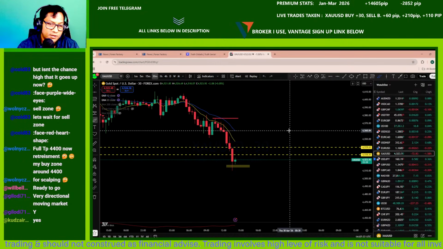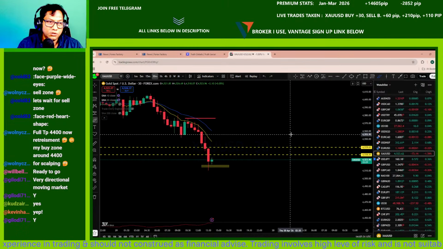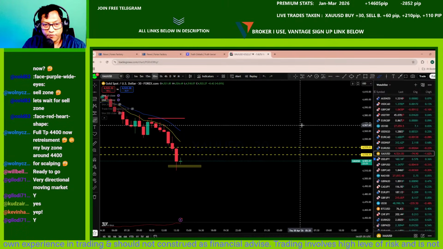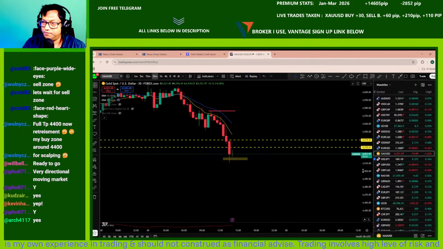You can see that the currently open markets are New York and London, so both are trading together. London and New York trading together. Okay, we see quite a few big moves, awesome.